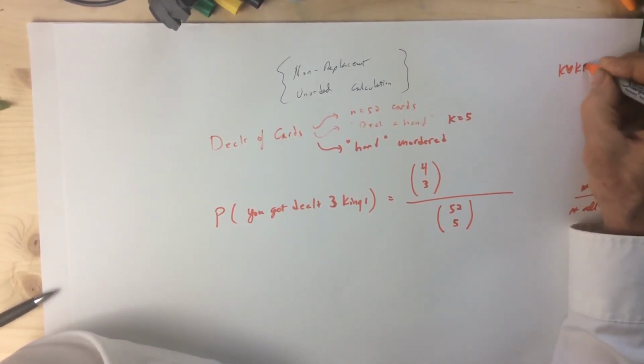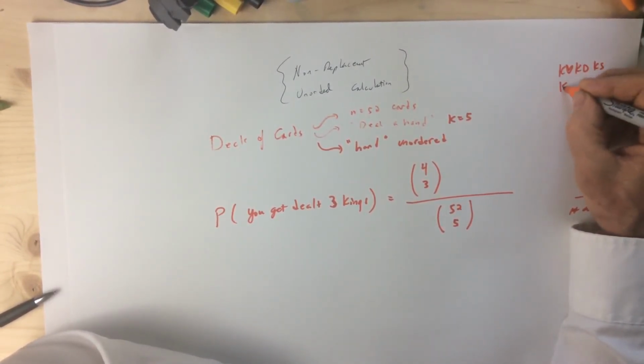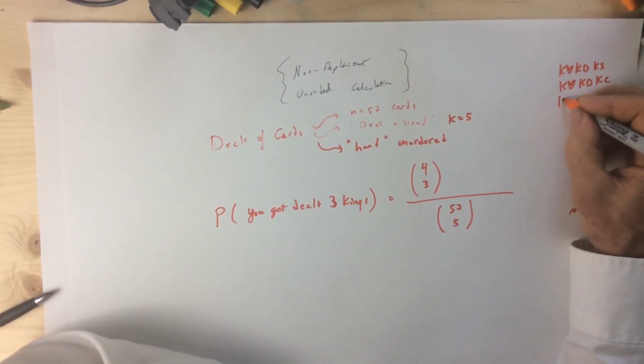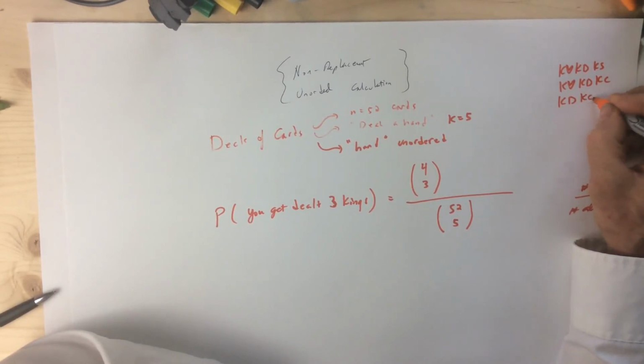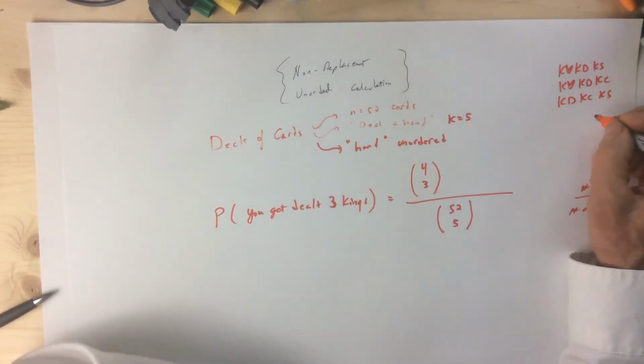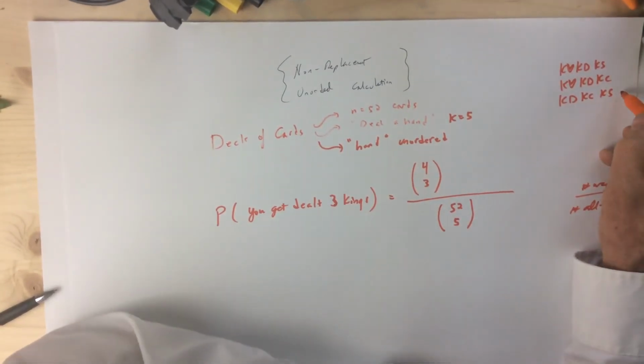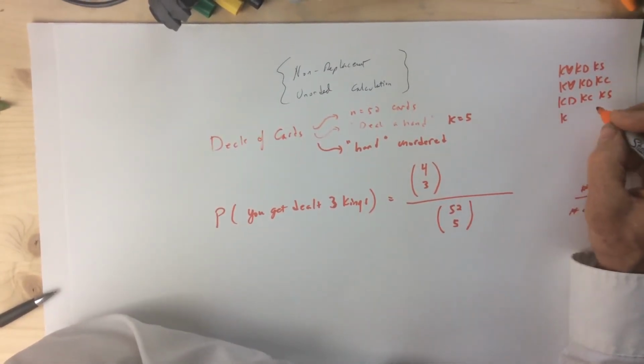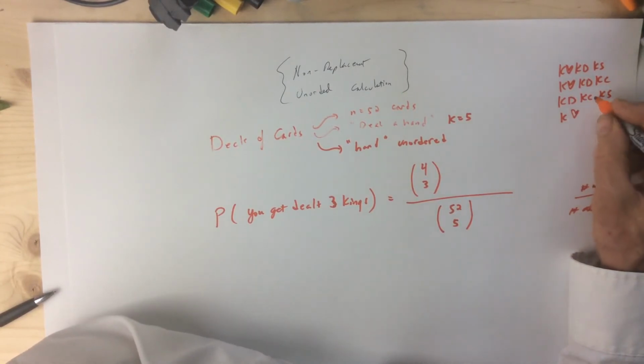King of hearts, king of diamonds, king of spades; king of hearts, king of diamonds, king of clubs; king of diamonds, king of clubs, king of spades; and king of hearts, king of clubs, king of spades.